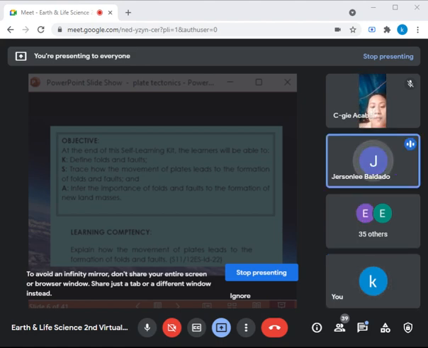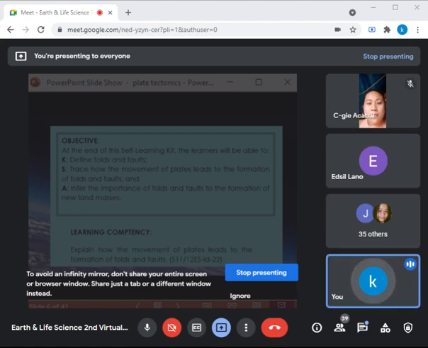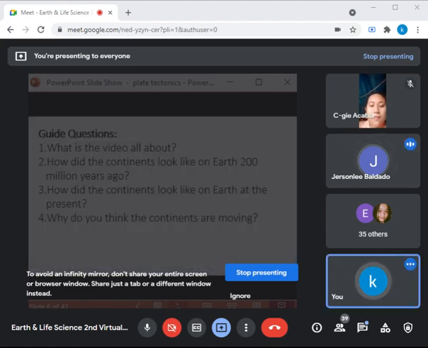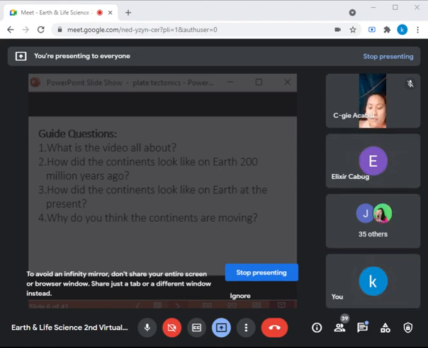Okay, this was already in junior high school. So, this time, if you have not heard them yet, then this afternoon is your chance to learn new things about plates, about folds, and also about faults.